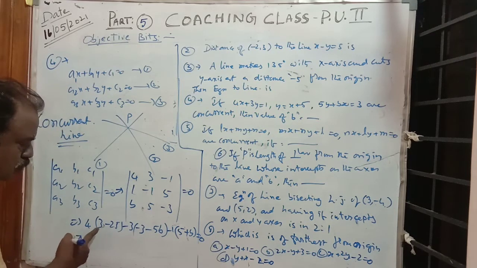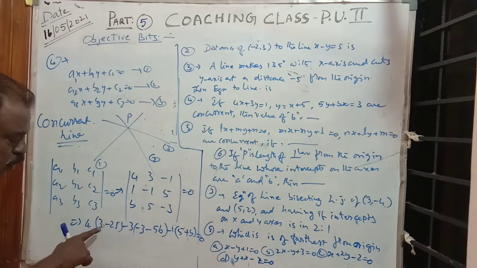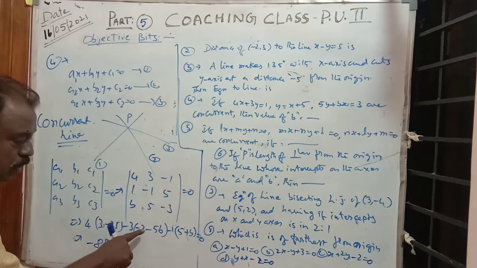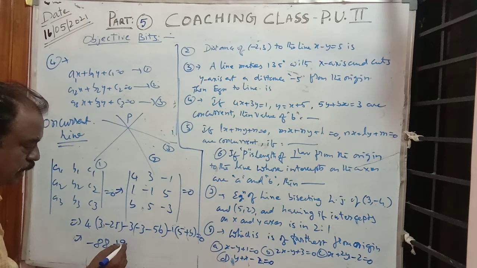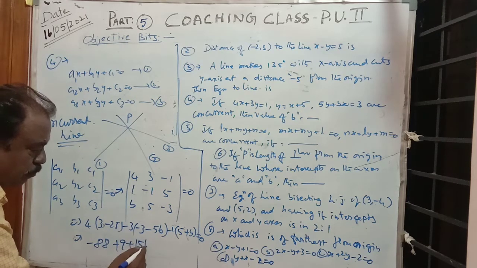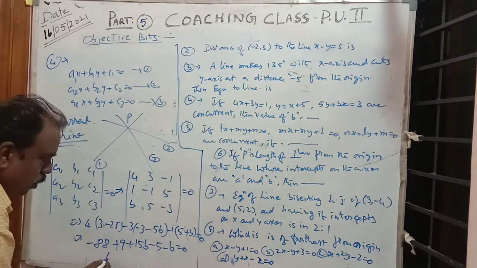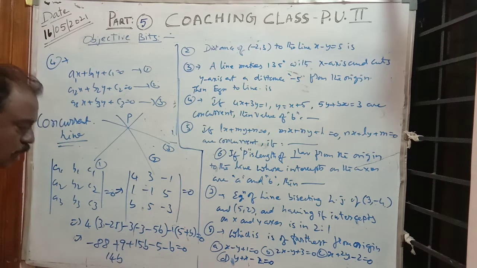It is, you say, -22 times 4 is -88. It is plus 9 plus 15b minus 5 minus b is equal to 0. That is 14b, how much?